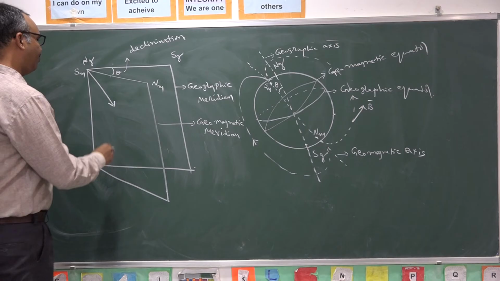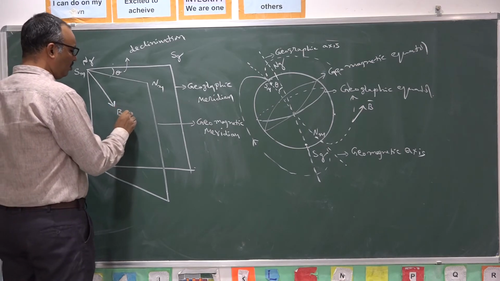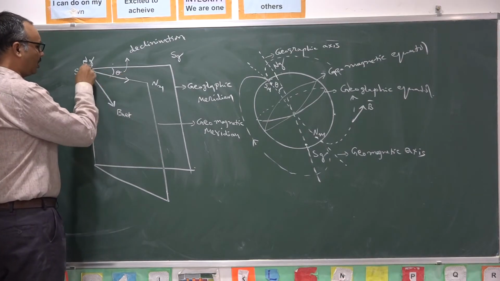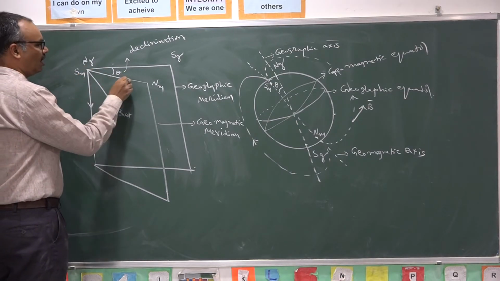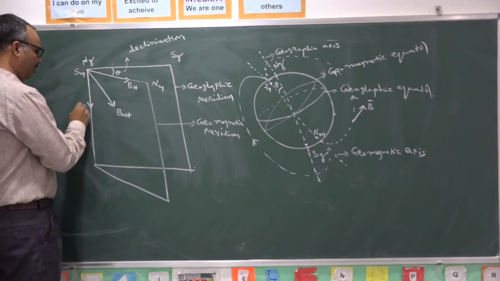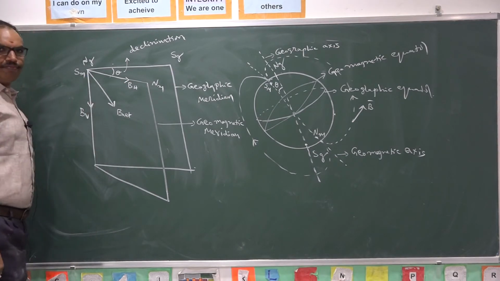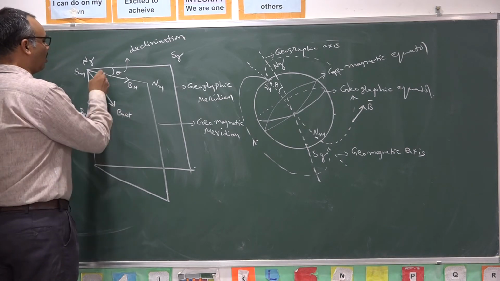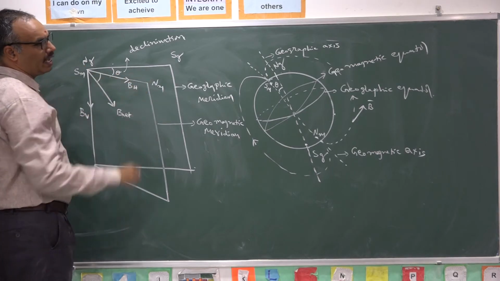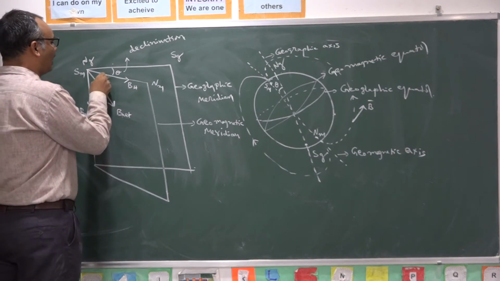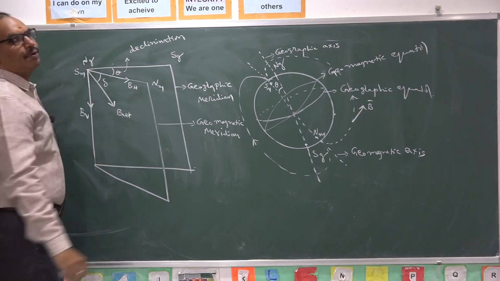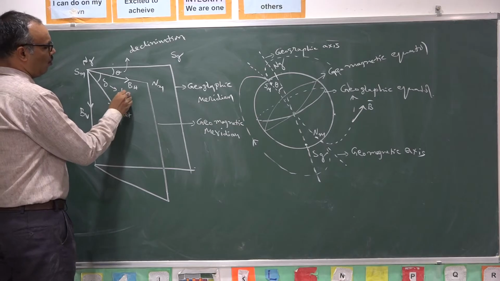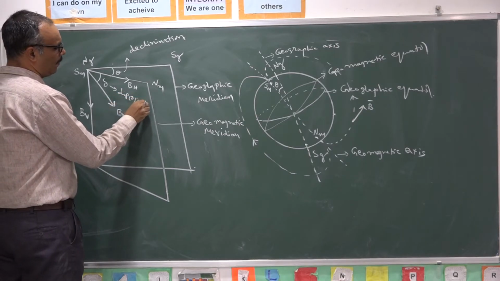This net magnetic field vector can have two components. This is called horizontal component BH, this is called vertical component BV. The angle made by the net magnetic field vector with the geomagnetic axis is called dip or inclination.